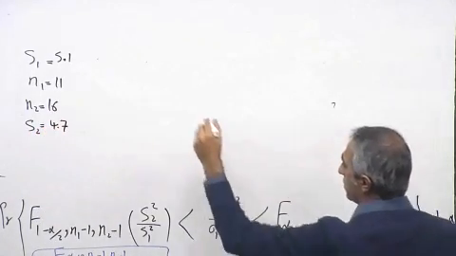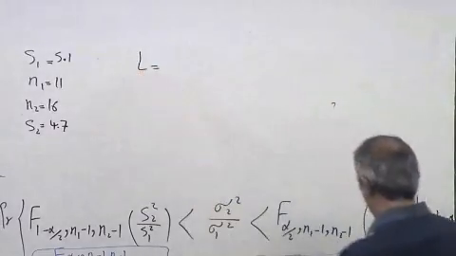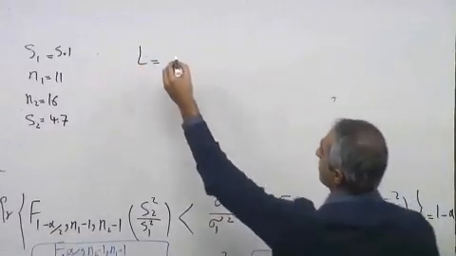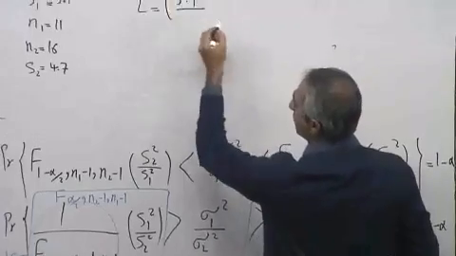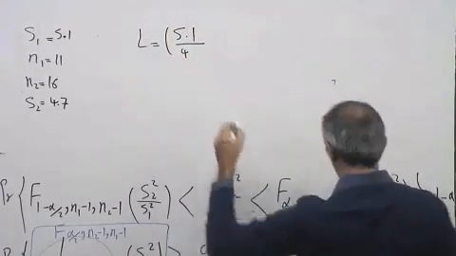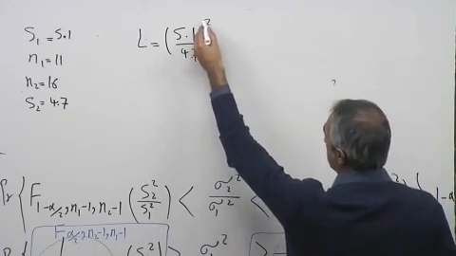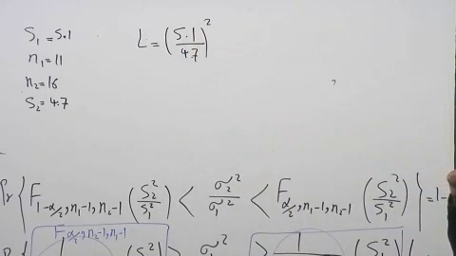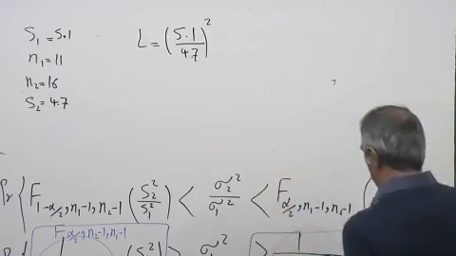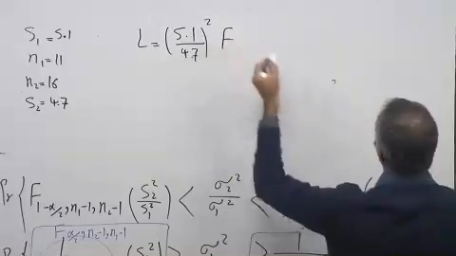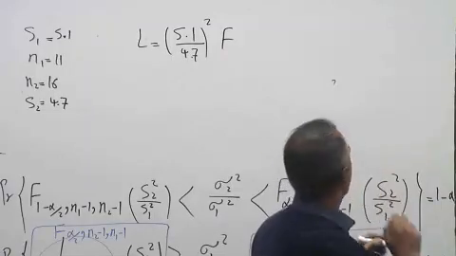So it's easy. The lower bound is this guy, which is 5.1 divided by 4.7 squared, times f of, let me see if it is 90%, yes.